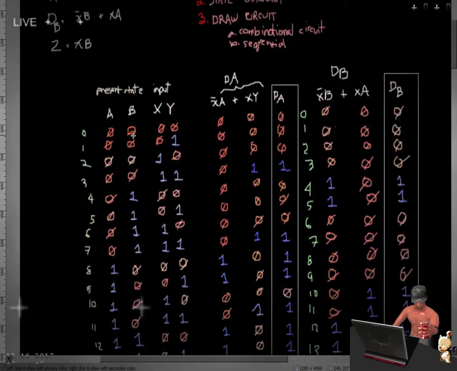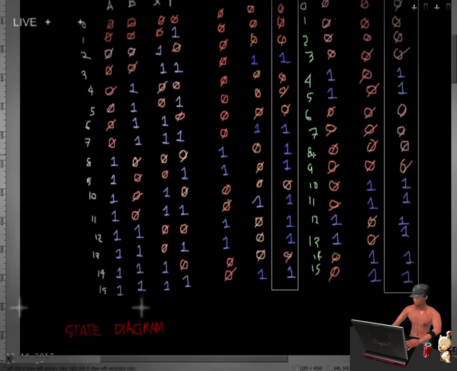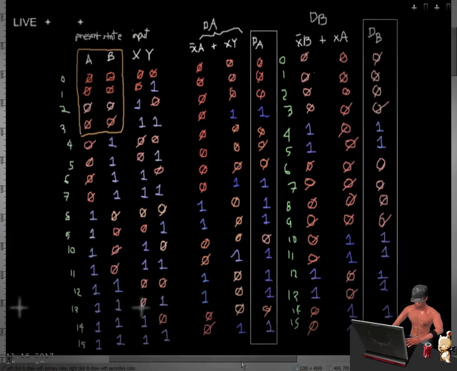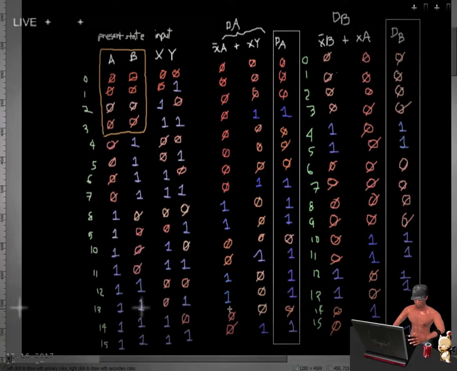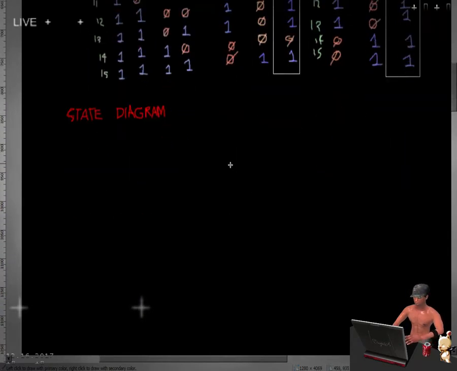We have 0, 0, we have 0, 1, we have 2, and then we have 3. Now you can look at this. This will be our first present state right here. And it goes to the next state. Alright, so let's evaluate this real quick. Let's do a state diagram. We know that we have 4 states.